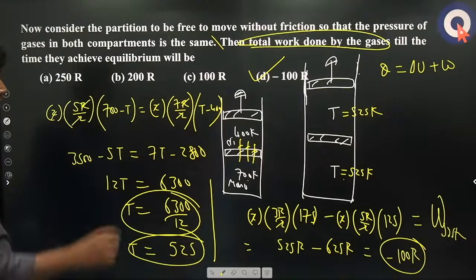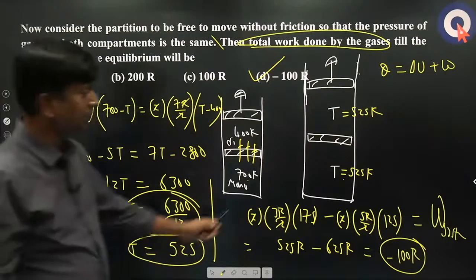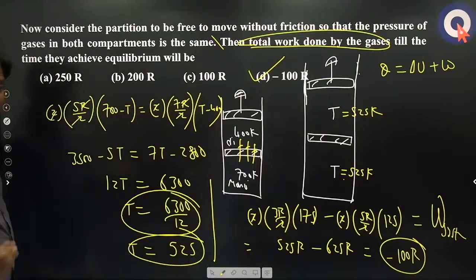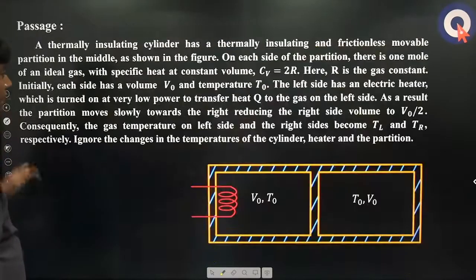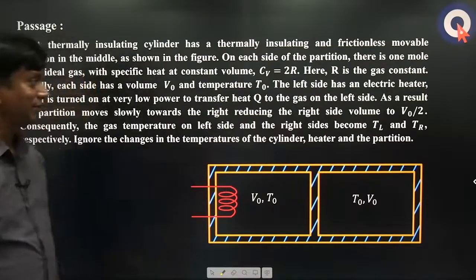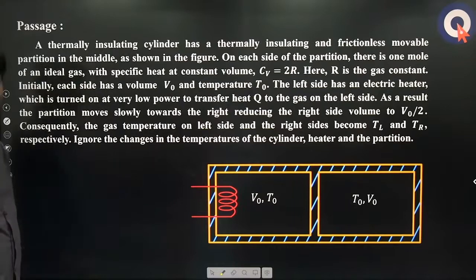When the partition you are taking is not conducting, rather it is insulating. Here is another question. Now you are also heating extra, right? If you make these two models, whenever these partition problems are there, it will become very easy for us.